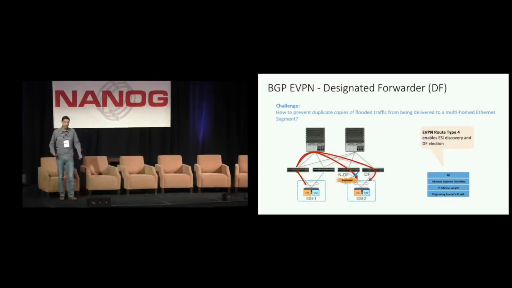So how does this work? All the leaves that are part of an ESI's redundancy group discover each other via an Ethernet segment route type 4. And once each leaf knows about all the other leaves that it shares that ESI with, they all run a DF election algorithm.